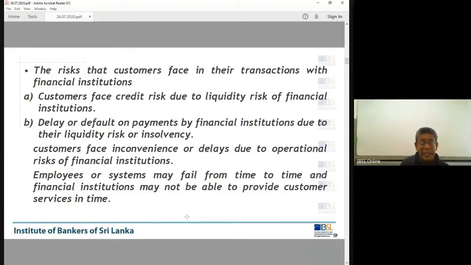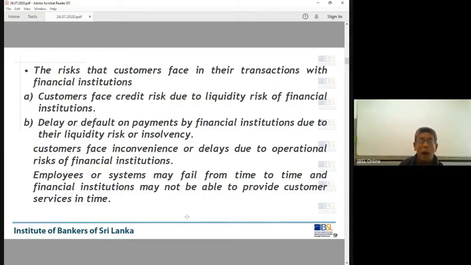And also delay or default on payments by financial institutions due to their liquidity risk or insolvency, right? Sometimes you may have some payments, maybe some interest, that is delayed by a financial institution due to the liquidity risk faced by them. You need to get some payment, right?